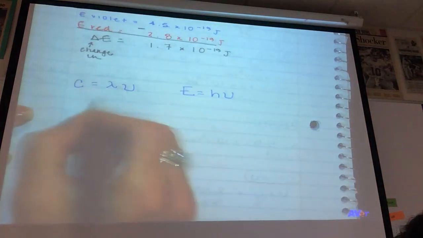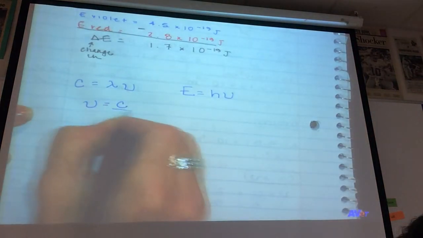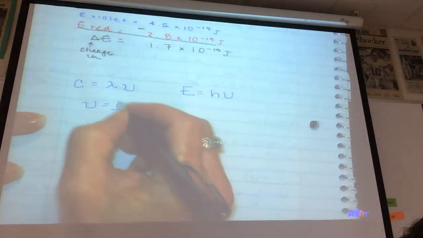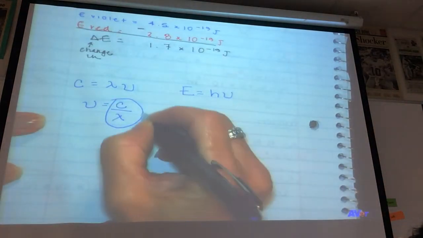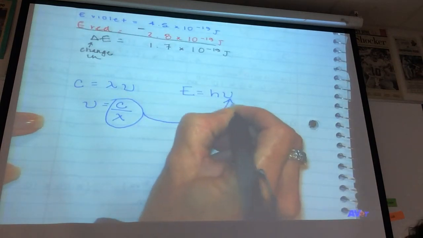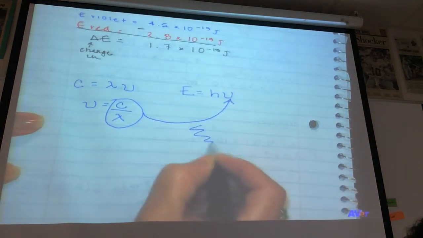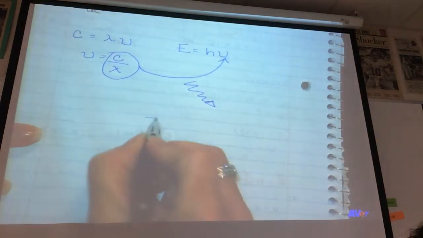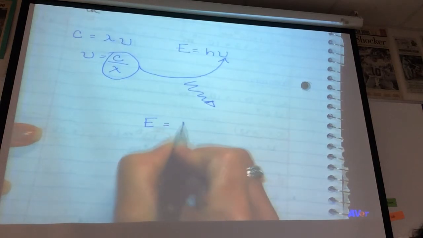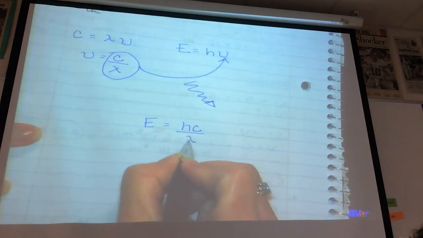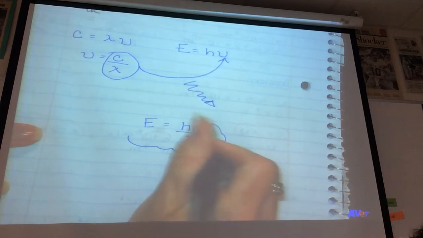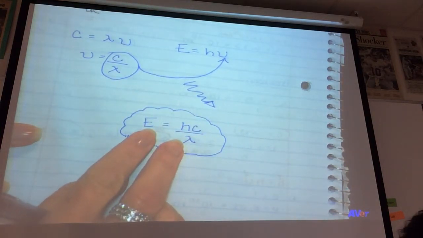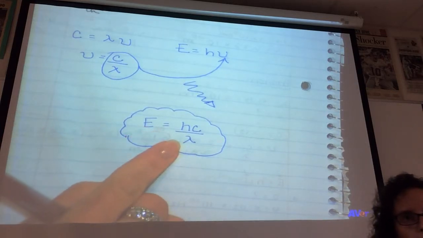If I solve this one for frequency, which we've already done, I can substitute this piece in right here, and as a result, I can derive a new formula with energy in it and wavelength in it.